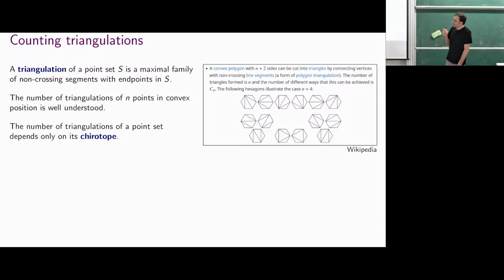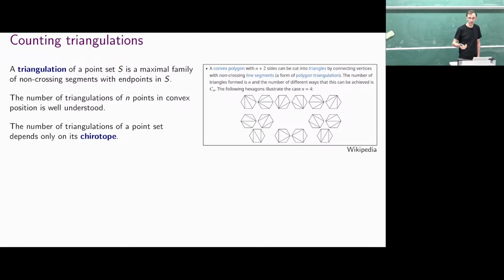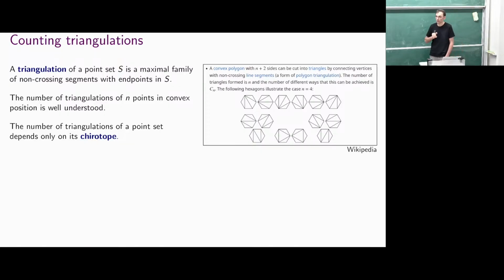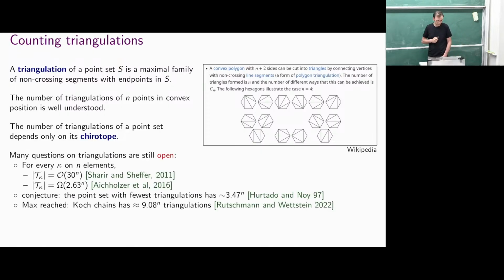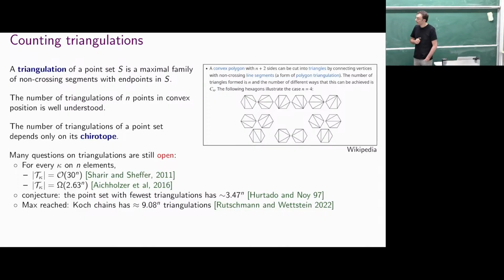It turns out that which set of edges cross depends on the chirotope, so you can actually push the definition of triangulation to the level of chirotopes. You don't really need to discuss the coordinates of the points. The only thing that matters is the chirotope. And there are many questions that are open.